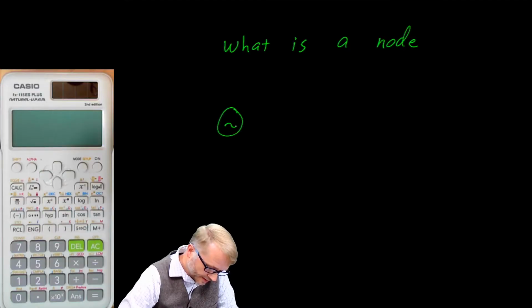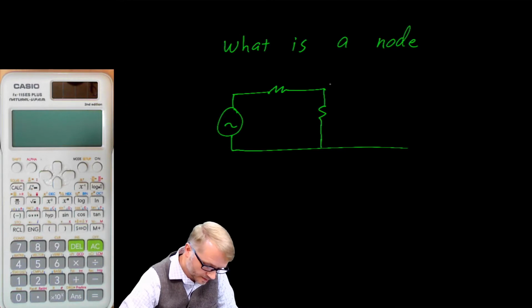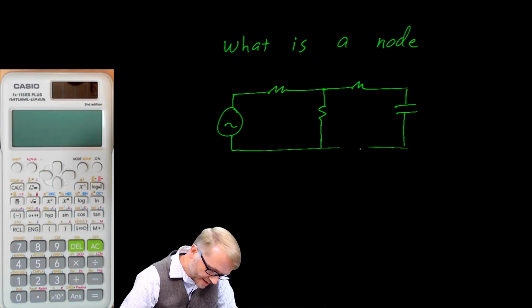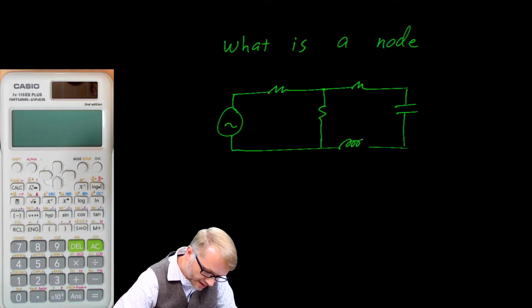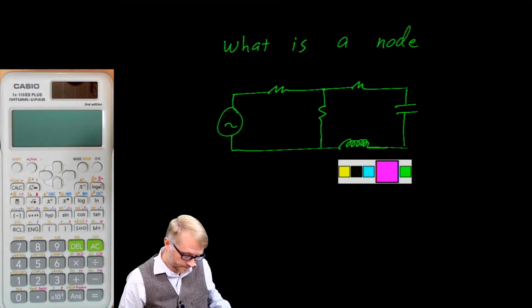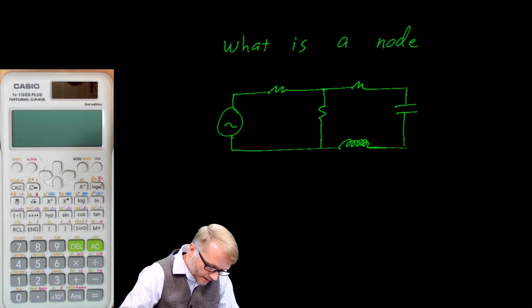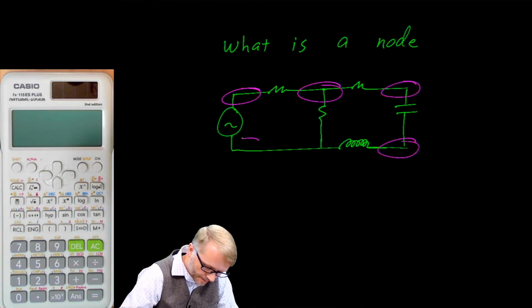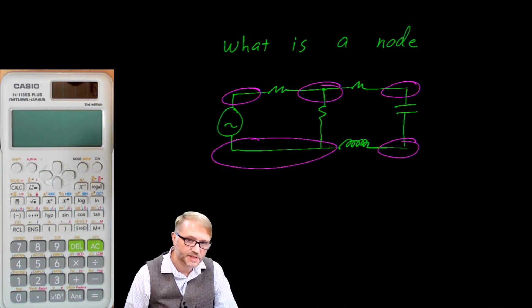For example, if we had a power supply, a resistor, a resistor, a resistor, a capacitor, and just for fun, let's erase this, and we'll put in an inductor. There are 1, 2, 3, 4, 5 nodes in this particular circuit.